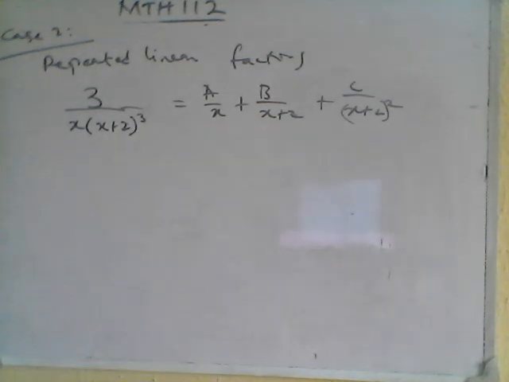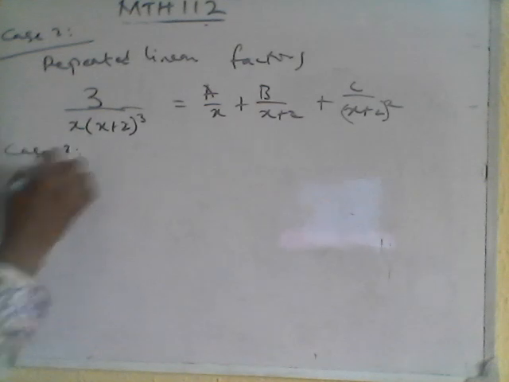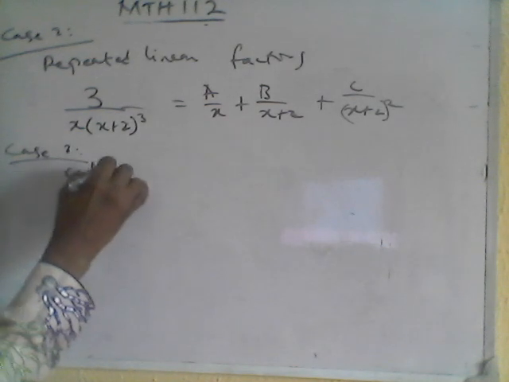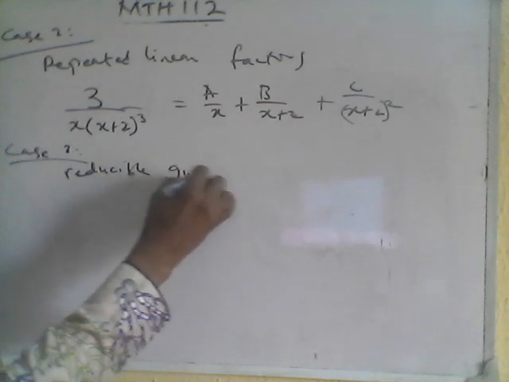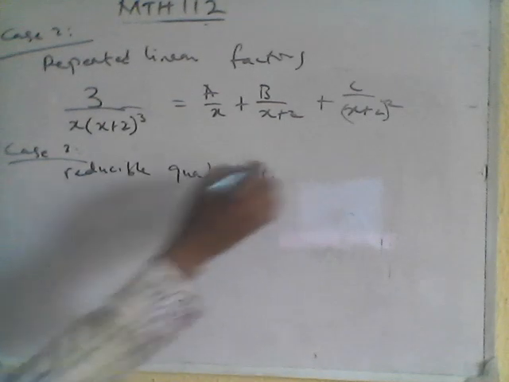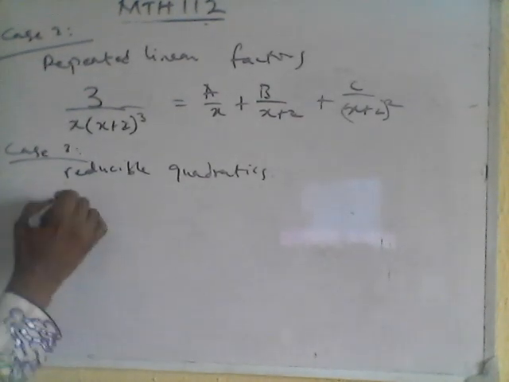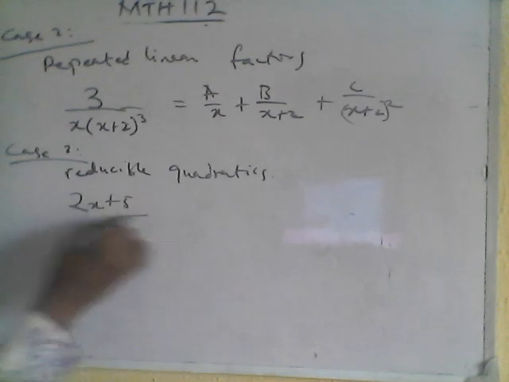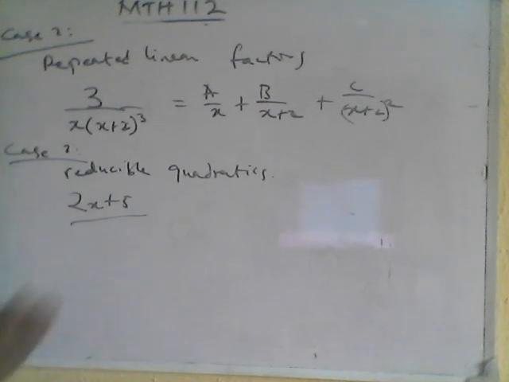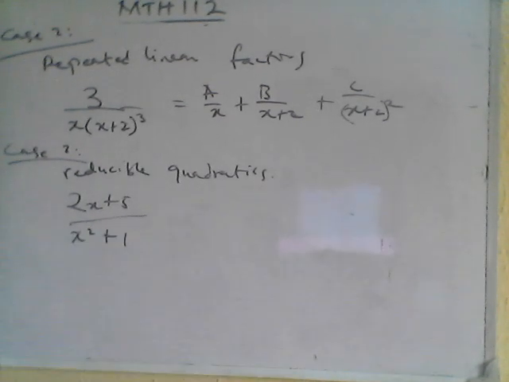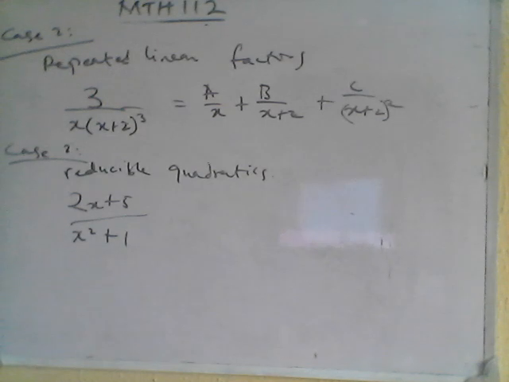Okay, so another case is reducible quadrics. Let me call this one case 3. If I have, for example, 2x plus 5 all over x squared plus 1, the denominator is a quadratic expression.